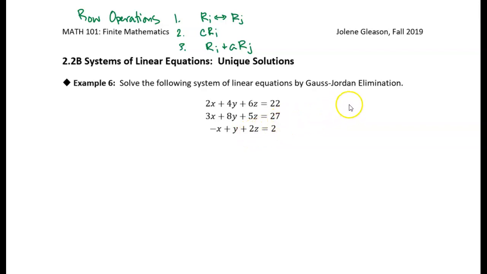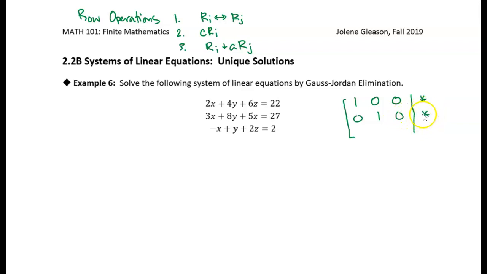Now, the goal is slightly different, okay? So we want to solve for x. We want to find values of x and y and z that satisfy all three of these equations. So our end goal is to create a matrix that gives us x and y and z. So we want something that looks like 1x plus 0y plus 0z equals some number. We want 0x plus 1y plus 0z to, again, just give us some number.